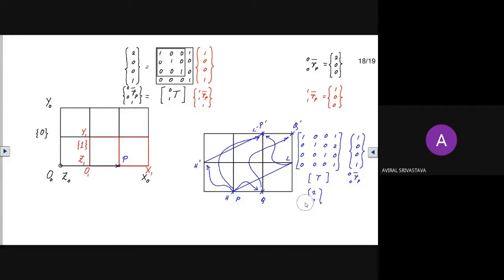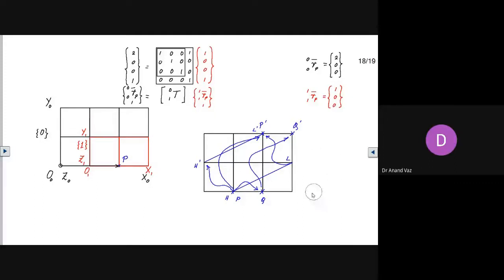Sir, can we also increase the size of the length if we want to just magnify it by a magnification factor of 2 and 3? You can do that. We can modify the scale. But we are not discussing that. That's used in computer graphics. That can be done.